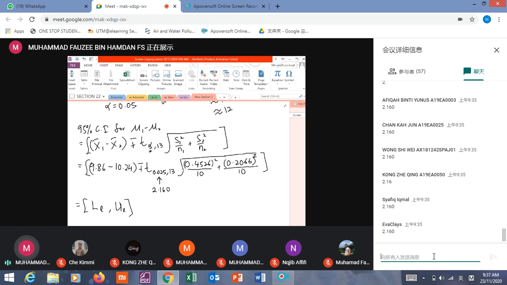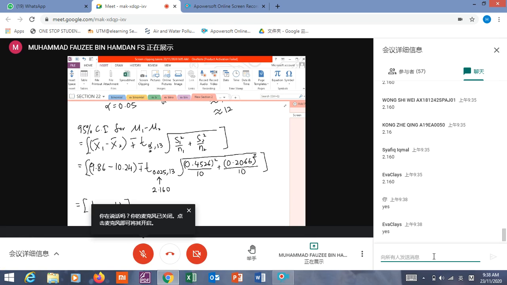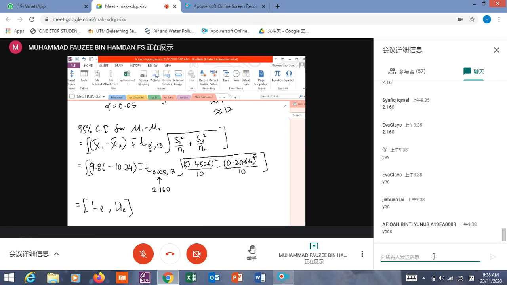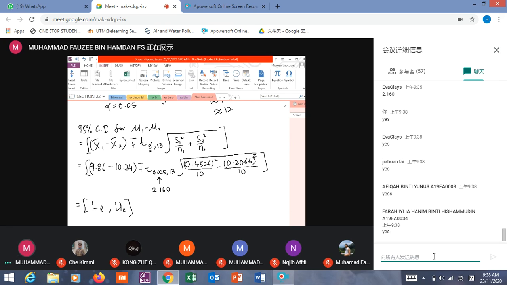Okay, so any question? Did you get the answer? Okay, Wiminko got the answer. Eva Clays got the answer. What about the rest? Africa, yes, good. If your answer is slightly different from the given answer, maybe the difference is only at the fourth decimal place, so it is still accepted.